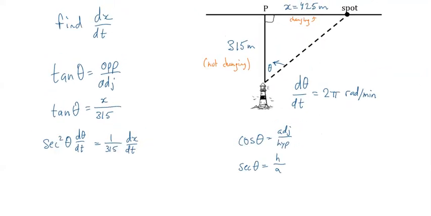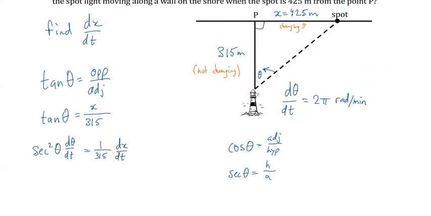H equals the square root of 315 squared plus 425 squared, which works out to a very large number, 279,850. I'm not going to take the square root and round it.